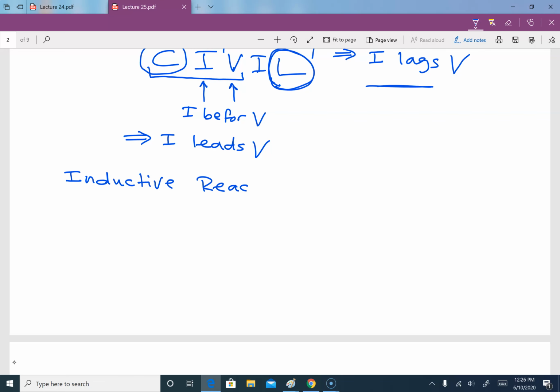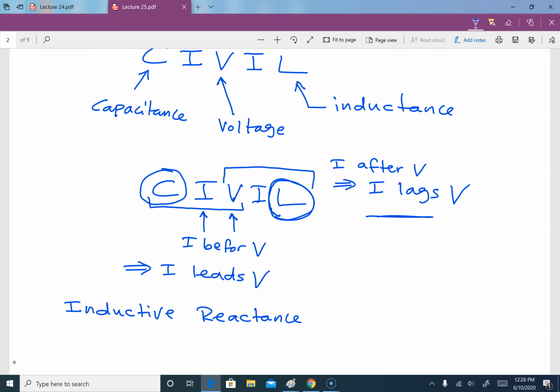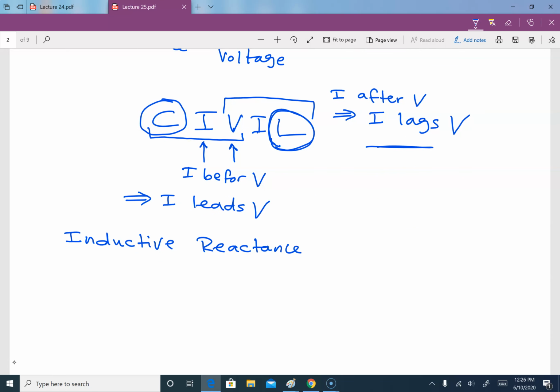So the first term that we should know is called inductive reactance. Because look at this here, when we have our inductance, L is in Henry. However, we need to find its resistance.